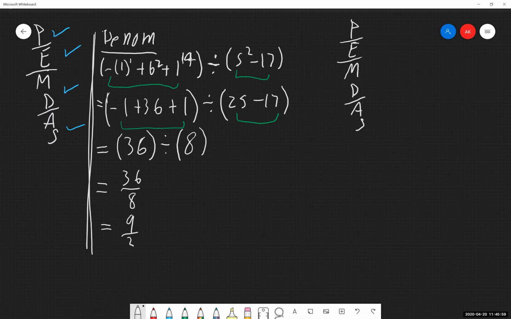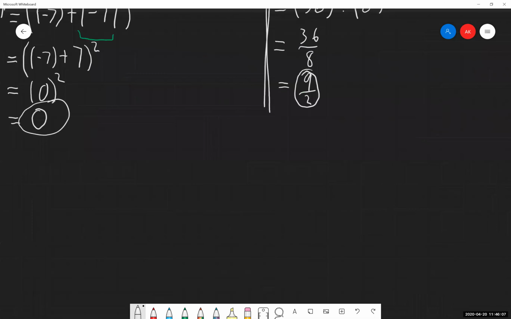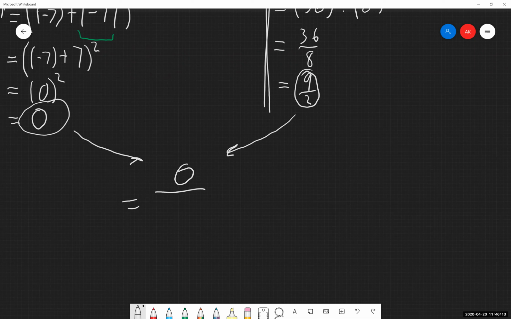Okay. I'm getting a numerical answer out of this. So let's rewrite this thing. Let's bring it all together. So I have my numerator here. I have my denominator here. 0 divided by 9 over 2. So there's a couple things you can do with this. If we realize I have 0 divided by a number, we can just write this out as 0 and get our answer.